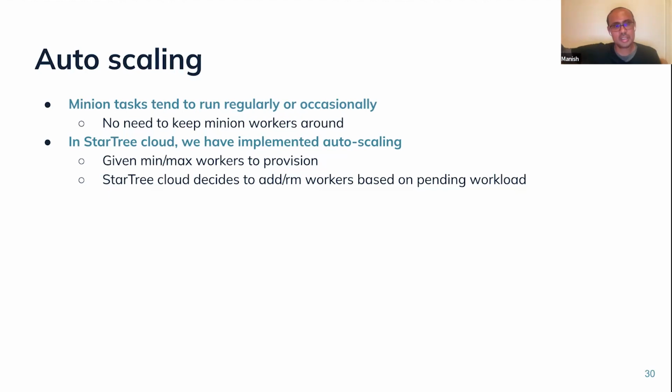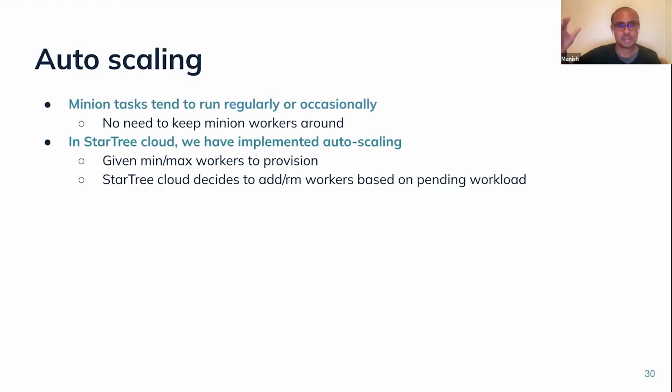This auto scaling mechanism keeps looking at the queue, and if it finds that the queue is growing, it's just going to provision those many minions. It's a very simple linear way of scaling, and it's going to provision those minions to do the work.